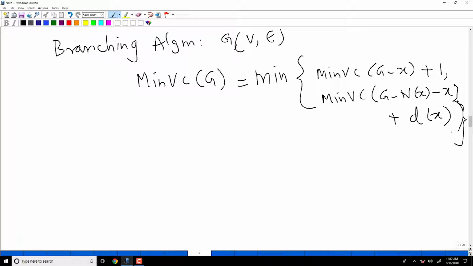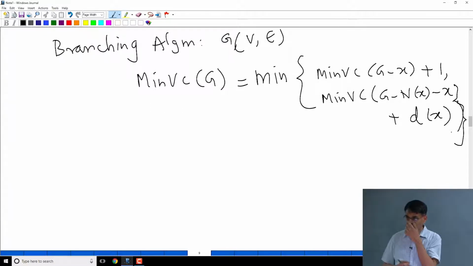Okay, so this is sort of a recursive algorithm, right? In one branch, I am picking one vertex and deleting it. In the other branch, what is the minimum I might delete? It's at least 2.